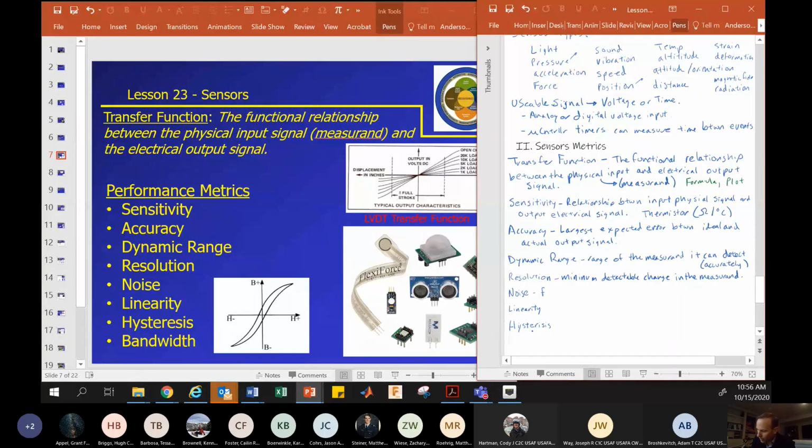So noise is any feature of the output that's not present in the measurand.